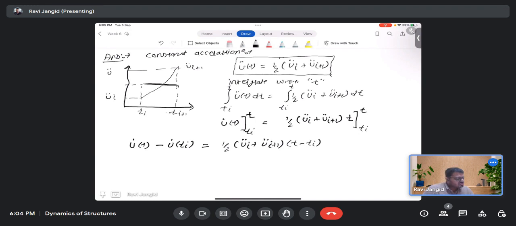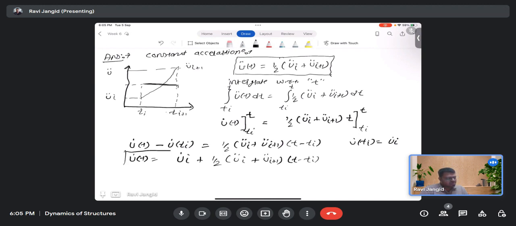So u dot ti I can write as u dot i. Okay. So u dot t becomes u dot i plus 1 by 2 u double dot i plus u double dot i plus 1 times t minus ti.